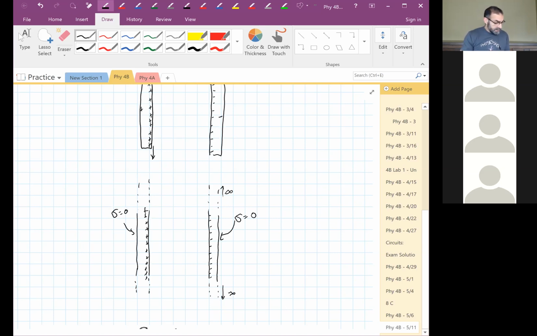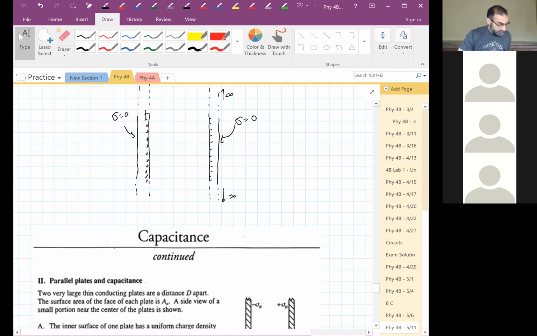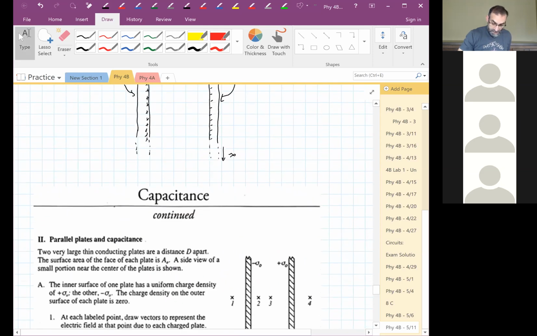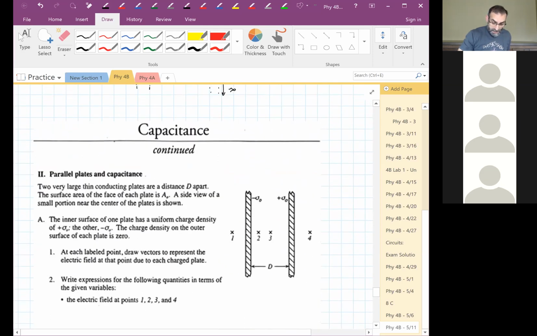And so let's take a look at this next example. So we've got our two very large plates close together. So for all purposes, we would treat them like infinitely large plates.